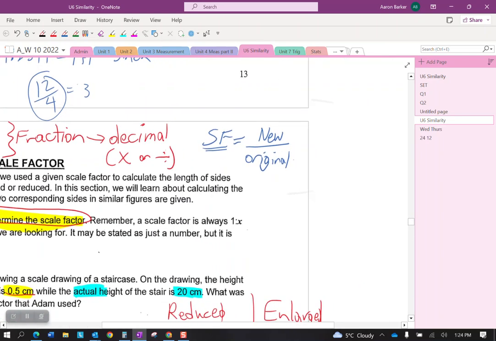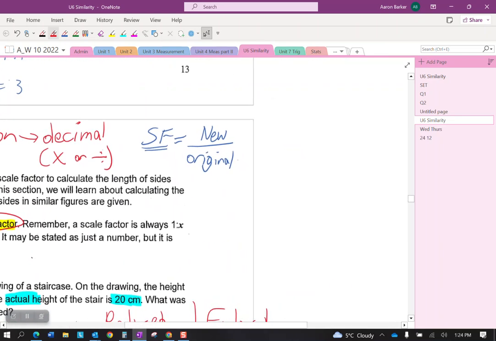So when they're saying new and original, they're talking about the new image versus the original image. Some of the language in the homework questions is going to be slightly different, and that's okay. We're still doing exactly what we looked at yesterday: diagram over actual. Any questions about that?